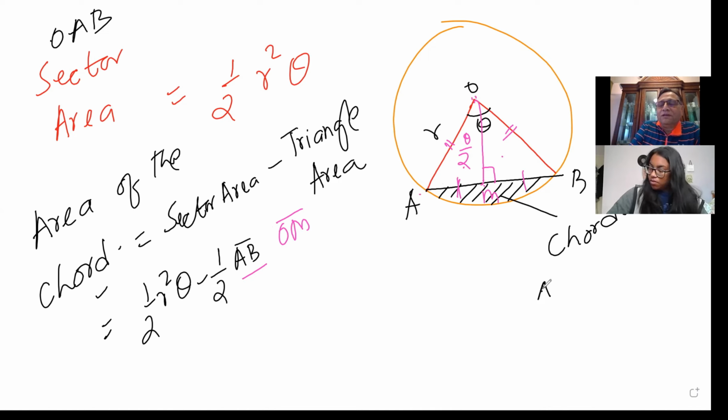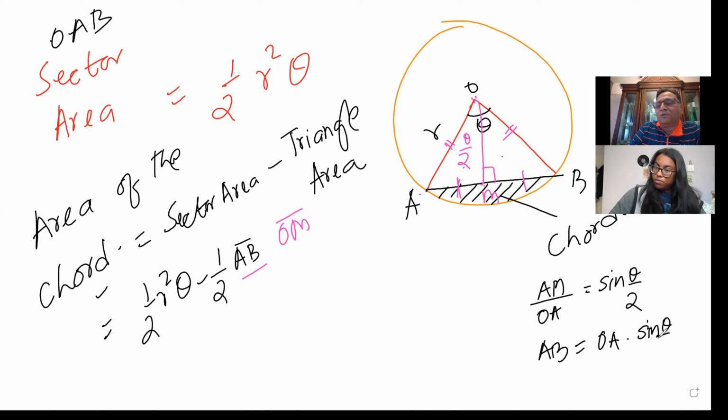What is sine of theta by 2? AM by OA is sine theta by 2, right? So AM equals OA sine theta by 2. OA is R, so R sine theta by 2.